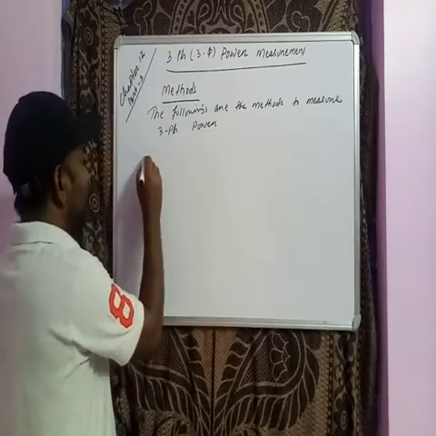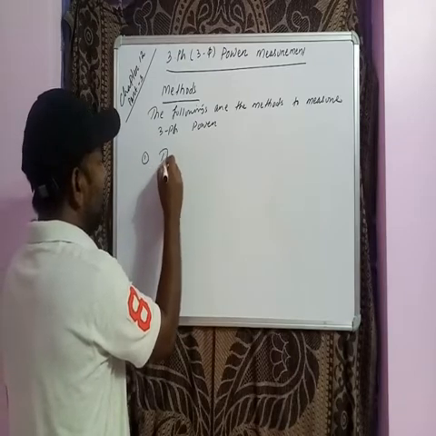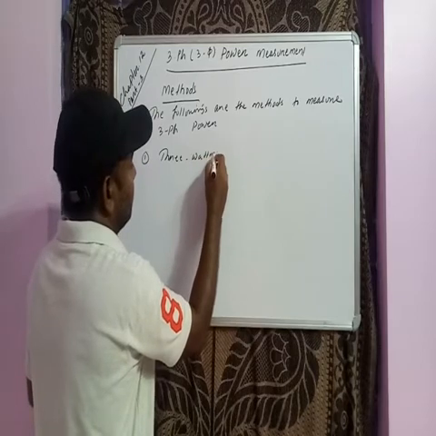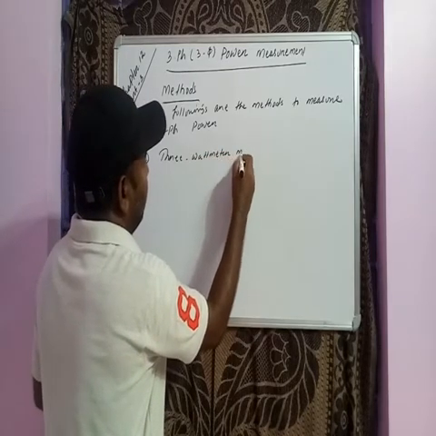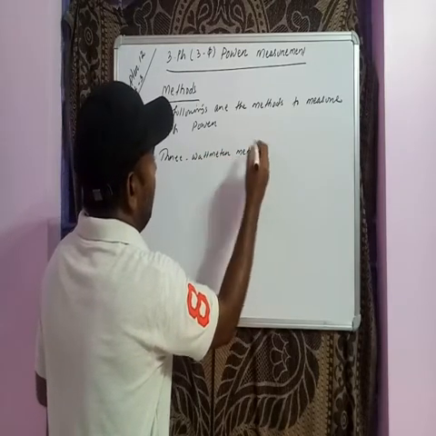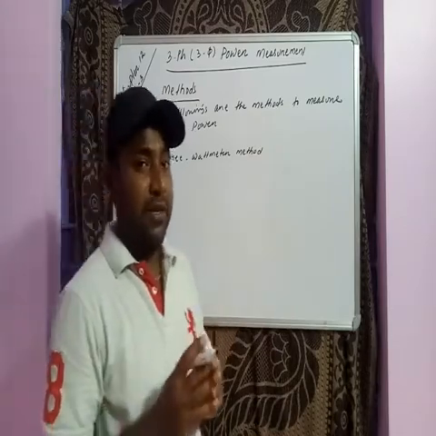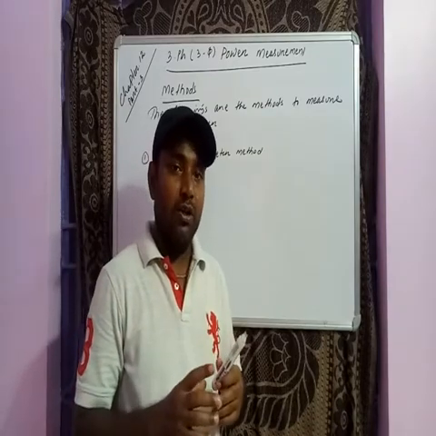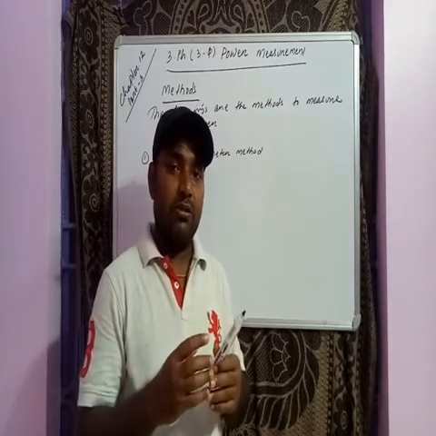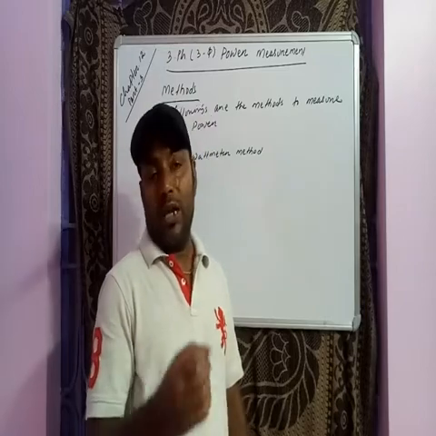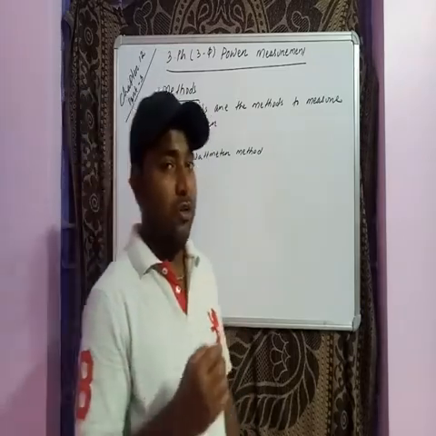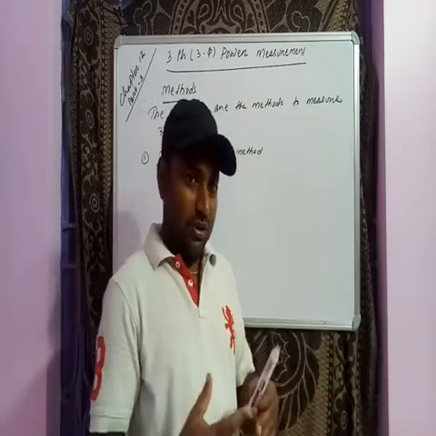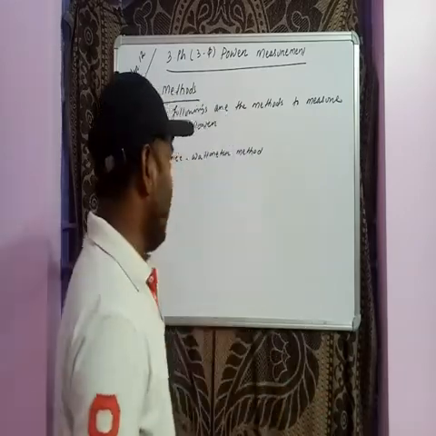The first method is the 3 wattmeter method. As you know, there are 3 phases, so in each phase we use 1 wattmeter. Each wattmeter measures the individual phase power, and we add all 3 to get the total power.